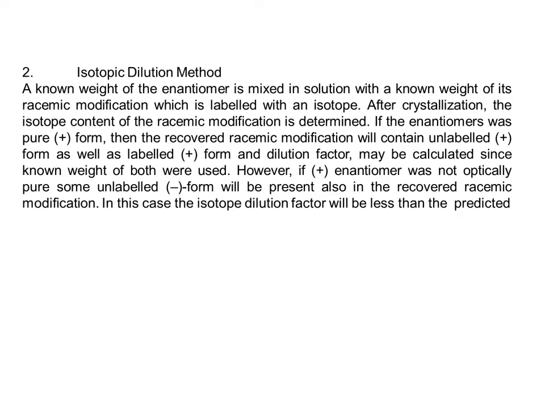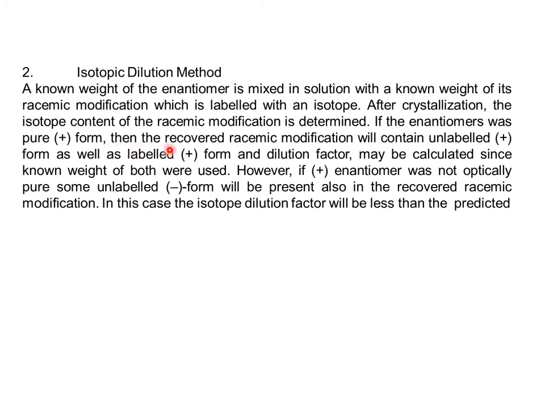If the enantiomer was pure plus form, then the recovered racemic modification will contain unlabeled plus form as well as labeled plus form, and dilution factor may be calculated since known weight of both were used. However, if plus enantiomer was not optically pure, some unlabeled minus form will be present also in the recovered racemic modification. In this case, the isotope dilution factor will be less than the predicted.